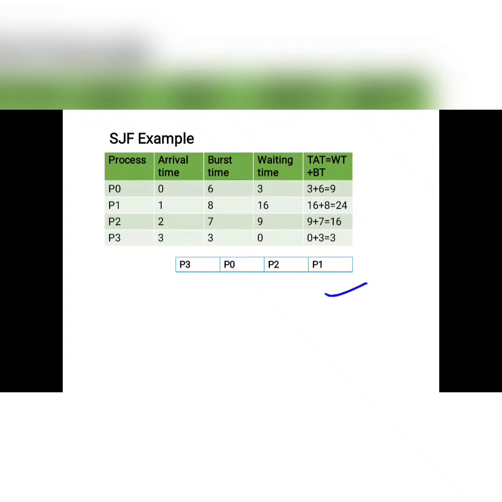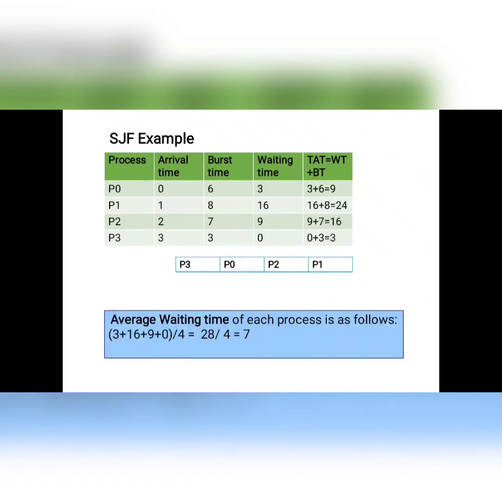So now we need to calculate the average waiting time and average turnaround time for these values. For average waiting time we have the formula: sum of the values divided by the total number of values. The sum of the values, 3, 16, 9 and 0, divided by the total number of values, 4.